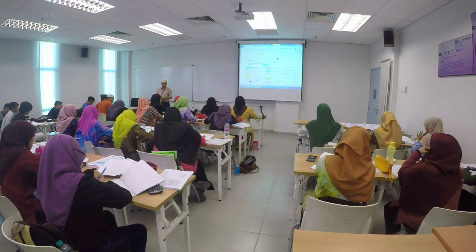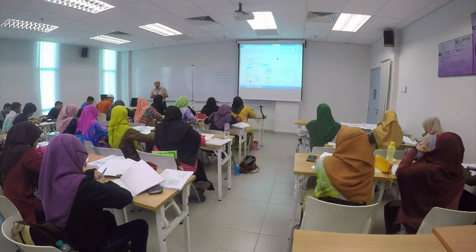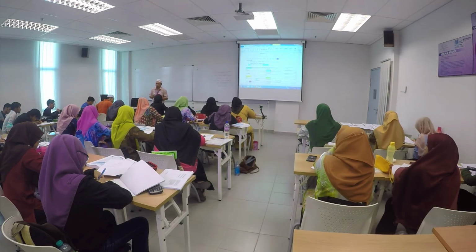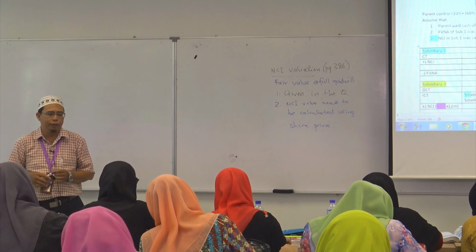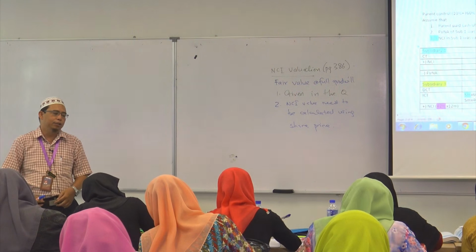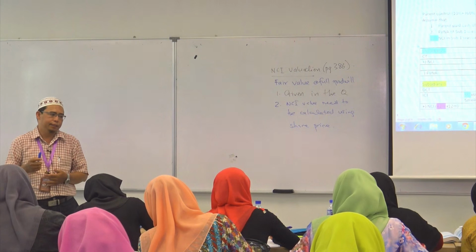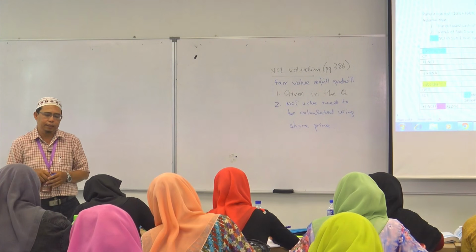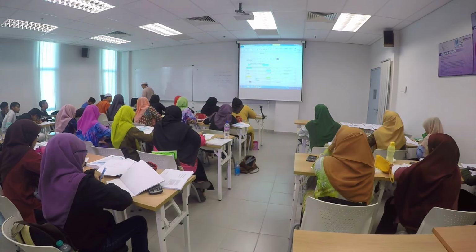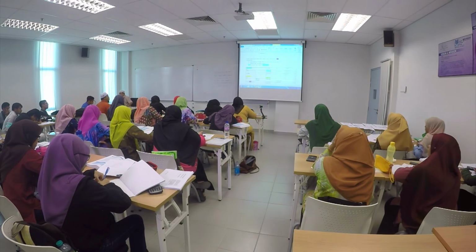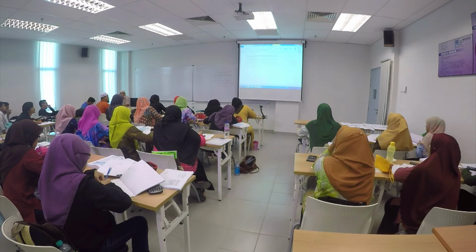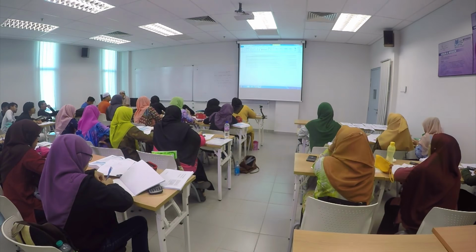So I'll give you an example for this one. Either the amount is given, or you need to calculate the value of your NCI using the share price of the subsidiary. Okay, let's look at this example. So just forget this, and we start anew.